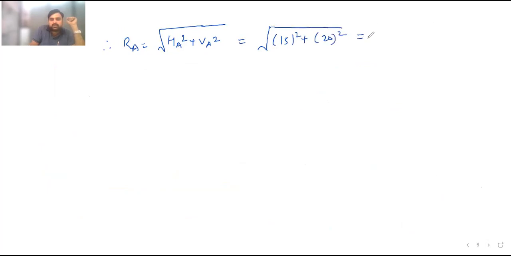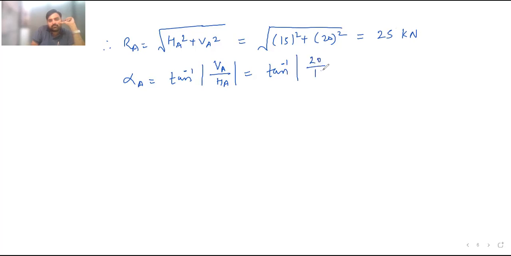What is the answer? 25. Exactly 25. Yes. Okay. And tan inverse in mod VA upon HA. What is the alpha A?